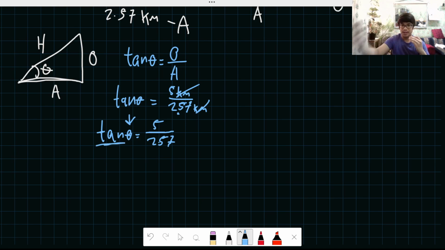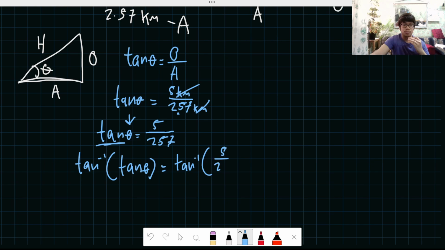For us to find the angle, we can simply use inverse tangent on both sides. So we will have inverse tangent of tangent theta is equal to inverse tangent of 5 all over 2.57.